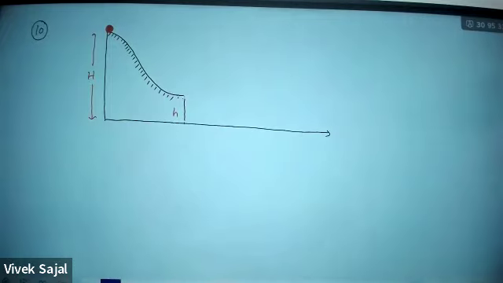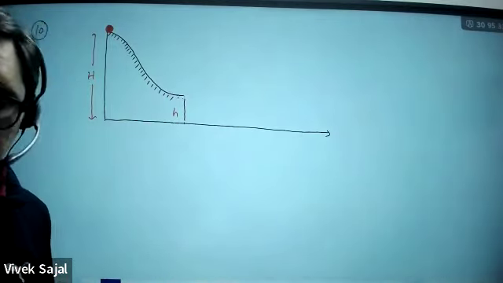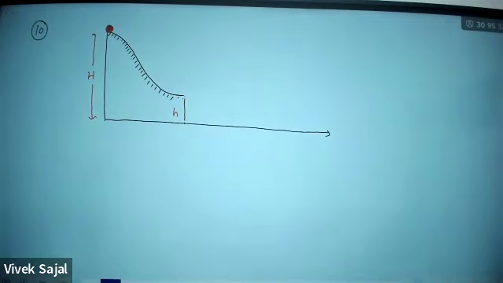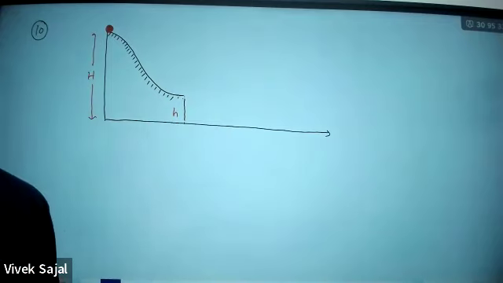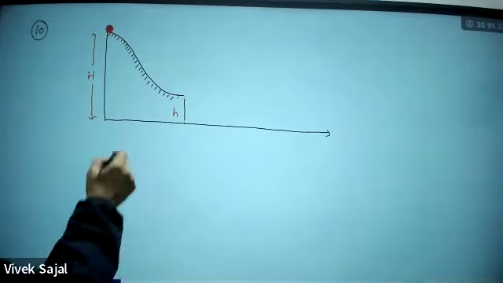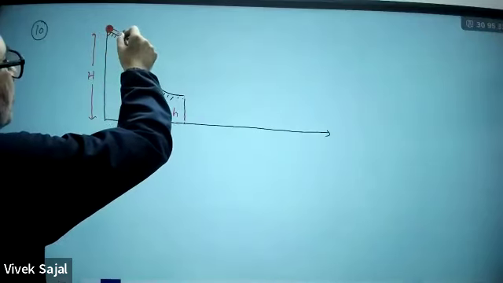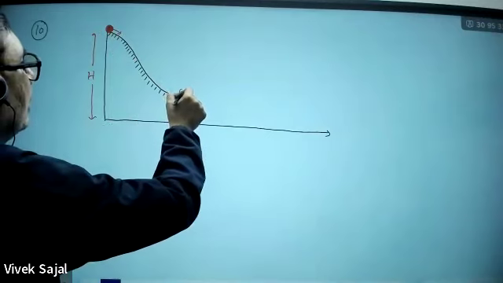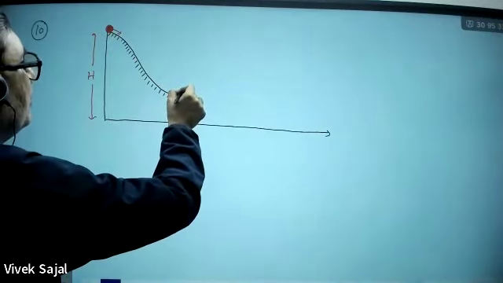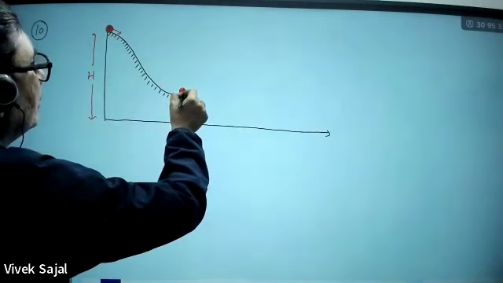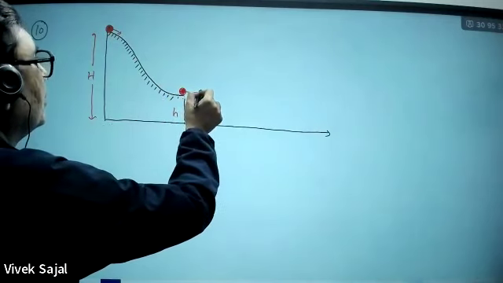A smooth disk A at rest slides down from the top of a smooth hill of height h. What should be the height small h of the horizontal portion of the hill so that the disk covers a maximum distance L as shown in the figure? What they are showing is that it is slipping in the downward direction like this, and when it will be here, it will have a horizontal velocity.